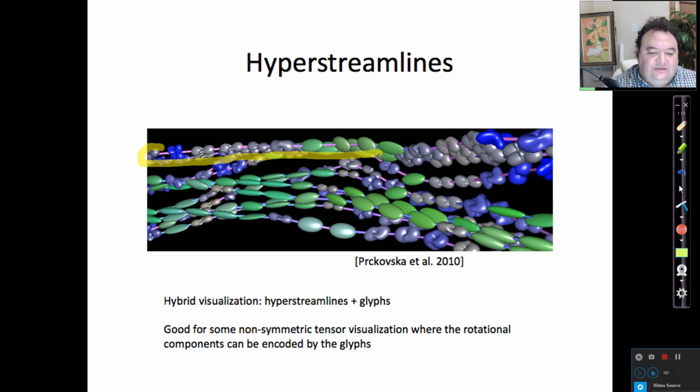Here we see these particular shapes, where the hyper streamline is effectively a uniform cylinder, but then the various shapes can give additional information regarding the evolution of the tensor.